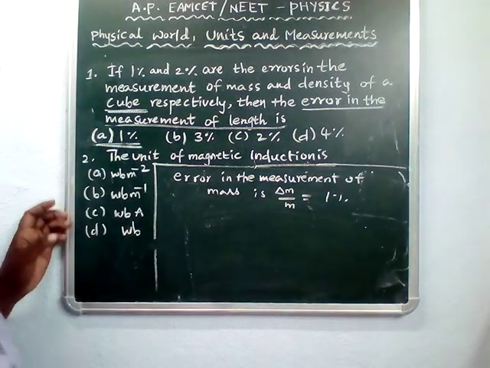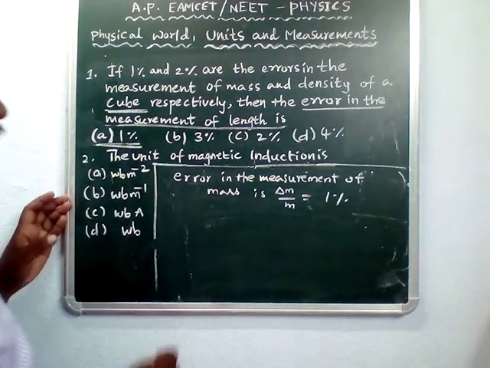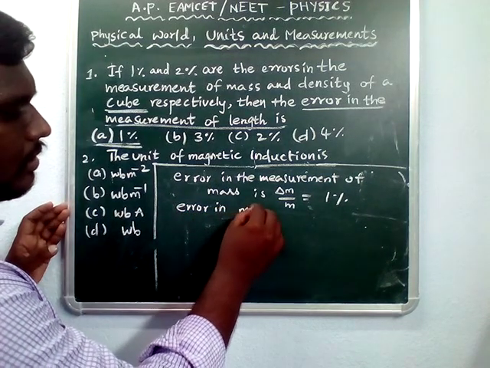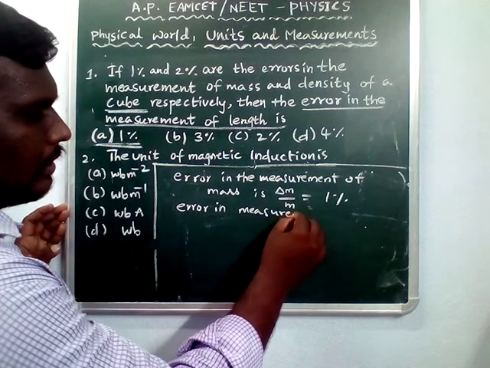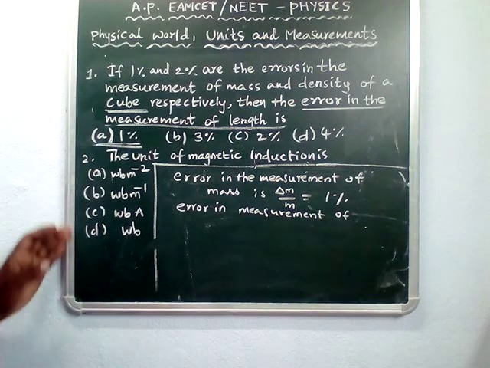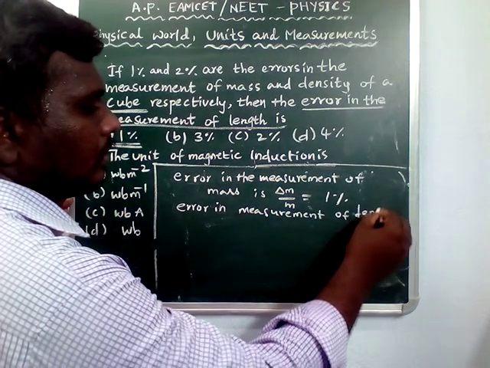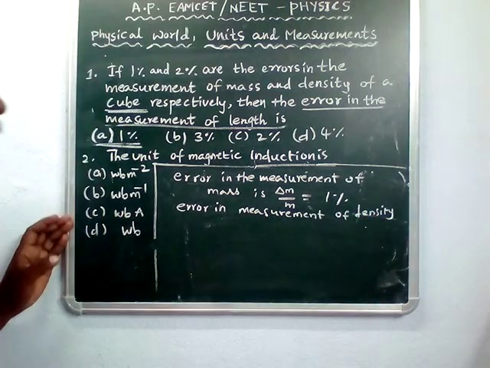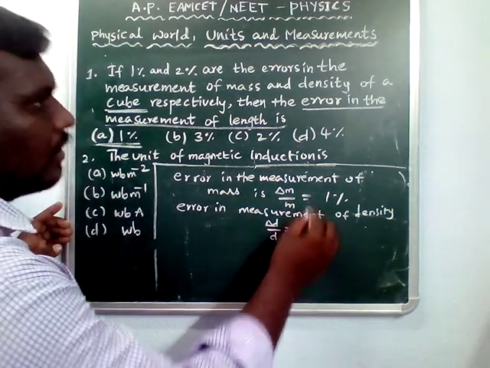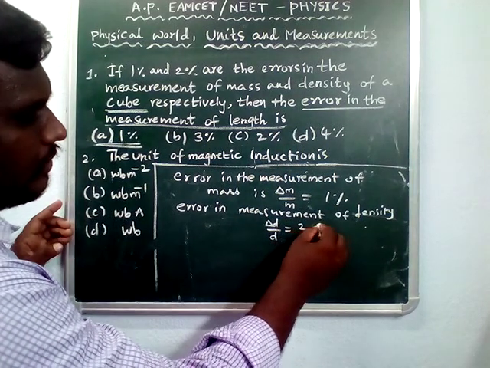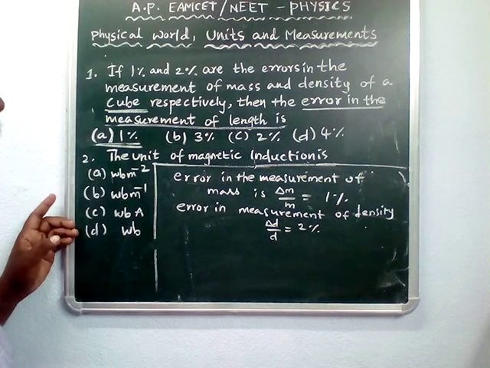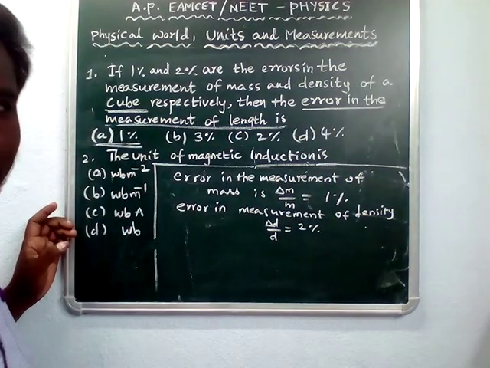In the same way, the error in the measurement of density, delta d by d, is equal to 2%. So in percentage error, we can find the error in the measurement of length.